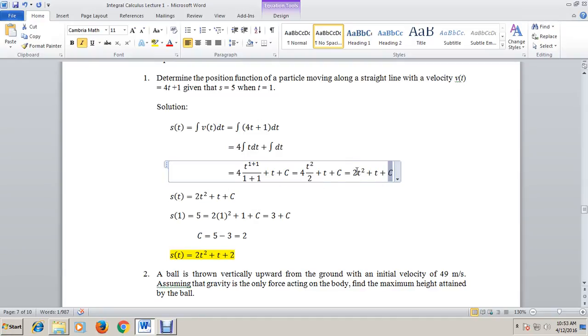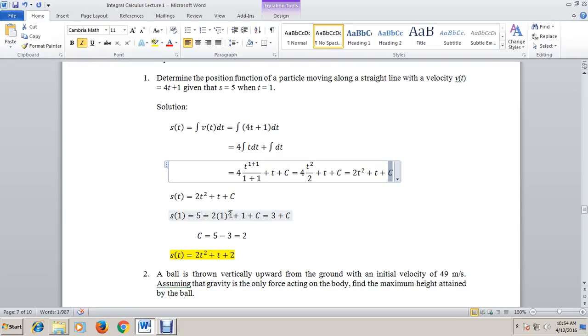Okay, so from here, we have s of t equal to 2t squared plus t plus c. Substituting a particular set, specifically when t is equal to 1 and when s is equal to 5: when t is equal to 1, your position is actually equal to 5, so s of 1 is equal to 5, which is equal to, substituting the value for time in the expression, 2 times 1 squared plus 1 plus c.